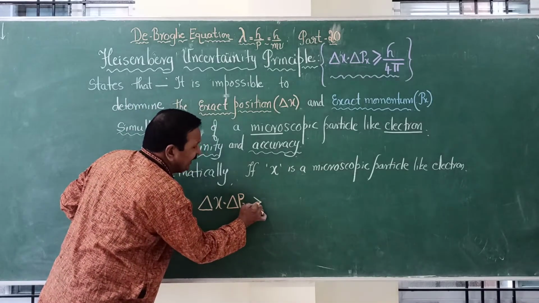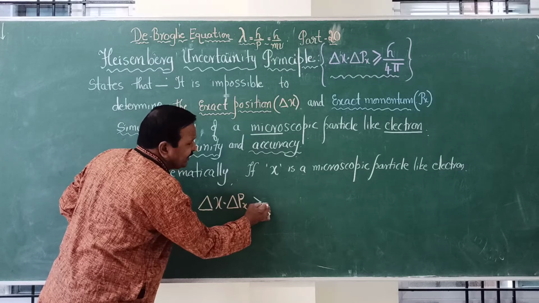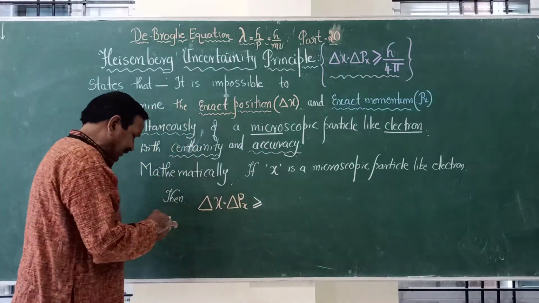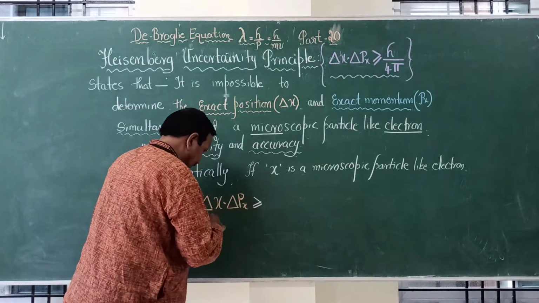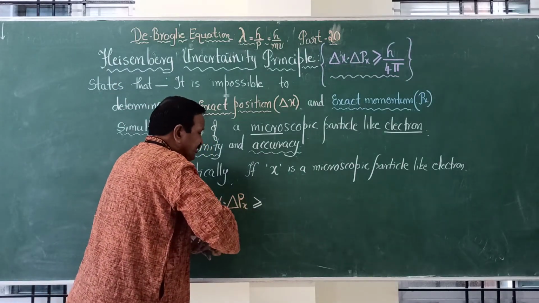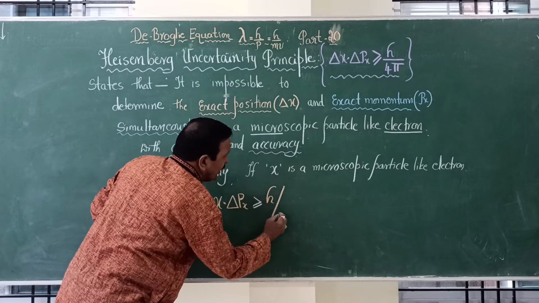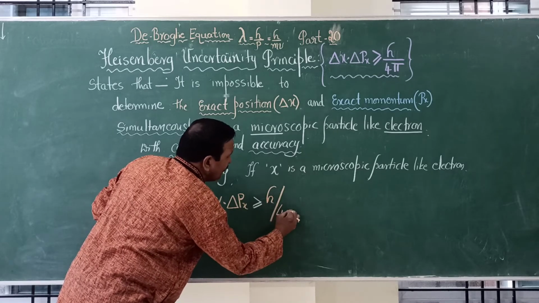It may be greater than or equal to. This symbol shows it is uncertain, and this value will be equal to h upon 4 pi.